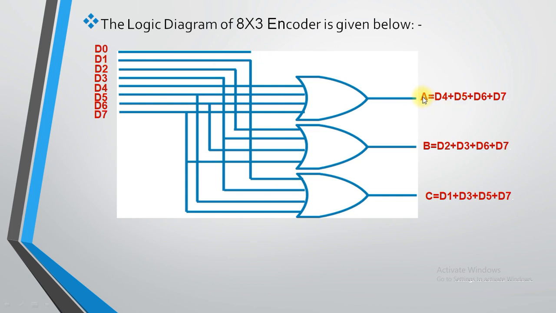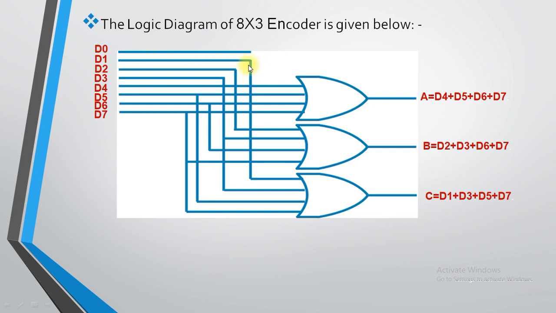The first output is represented by the variable A, which is the addition of D4, 5, 6 and 7. So as an input, you need to take a cable of D4, D5, D6 and D7. Again, I want to repeat one point over here, that you can draw your diagram in any way.